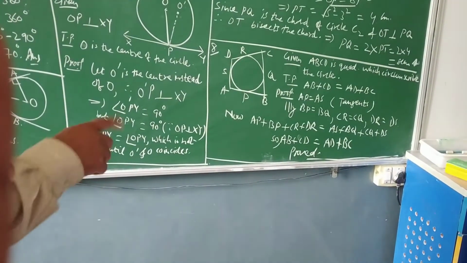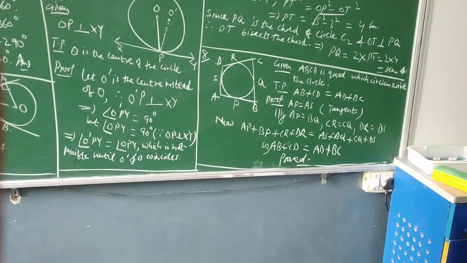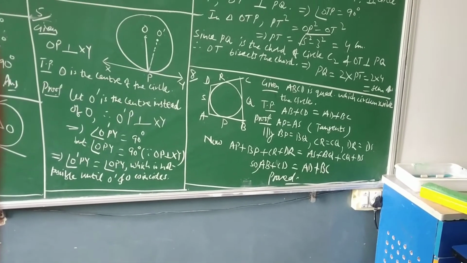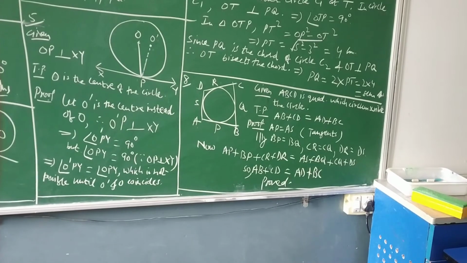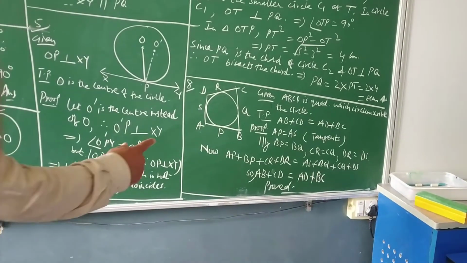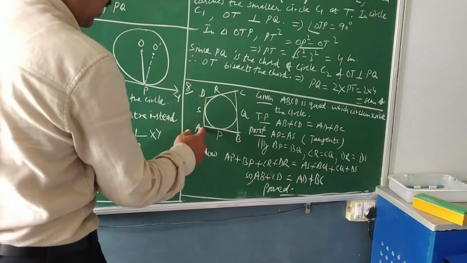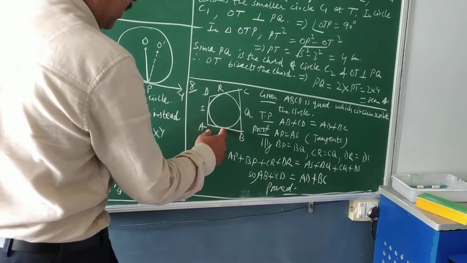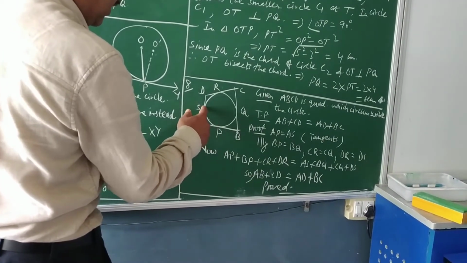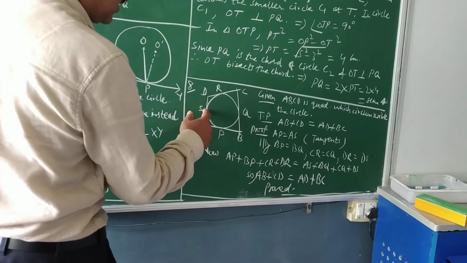Now you see, we are getting into the application of our second theorem: tangents drawn through a point lying outside the circle are equal. So here you can see, if I take this point A, it is lying outside the circle. From A to P, AP is the tangent, and from A to S, again AS is the tangent.